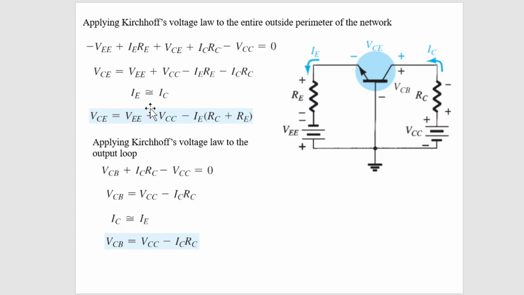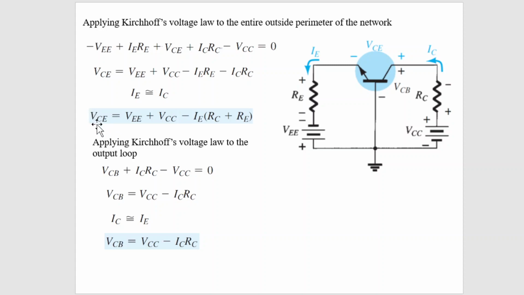So it will be a good approximation for our convenience that emitter current is approximately equal to collector current. If you do that, we can eliminate one current, that is emitter current, in terms of collector current. Then we can find out the collector emitter voltage.